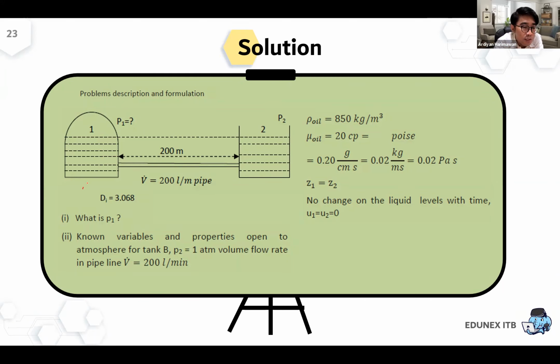This is tank A, this is tank B. Tank A is closed, so you ask what is the pressure at point 1. Tank B is open, so what will be the value of P2 if the surface of oil in tank B is open to the atmosphere? 1 atm.